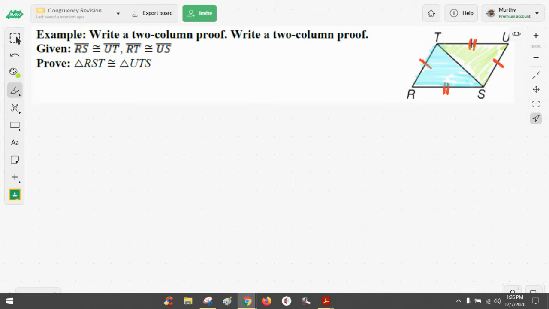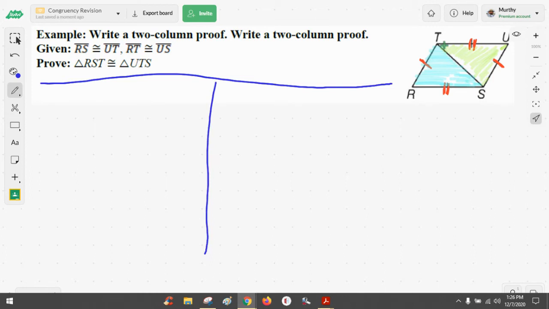So let me write that this is a T chart, or two-column proof, and we write the statement here, and to support our statement, we write the reason here.